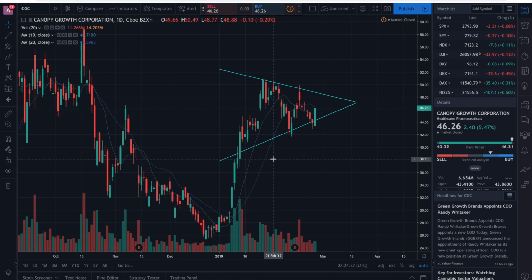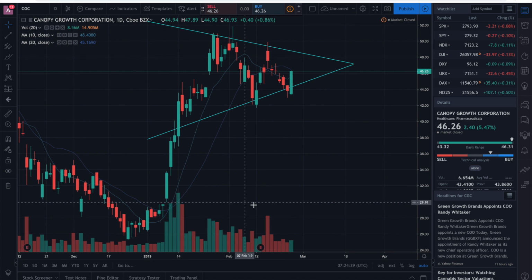So first of all, I want to point out that today Canopy Growth had a very good day. The candle it had engulfed the previous day's candle. If you know a lot about candlestick charts, you would know that full engulfing is when a candle engulfs the body of another candle, such as this.